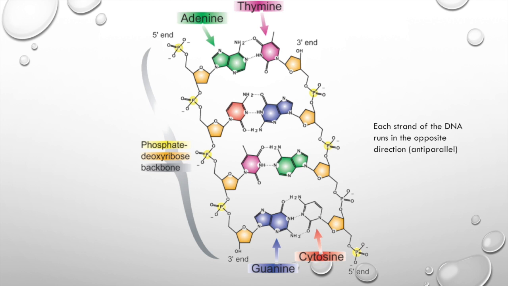So the DNA strands are always going to be anti-parallel, in which one strand is going to be running 5' to 3' this way, and the other one's going to be running 5' to 3' in the opposite direction. And additional nucleotides are always added to the 3' end. So in the case of this strand, each new nucleotide is going to be added to this end, whereas according to this strand, each new nucleotide is added to that end.